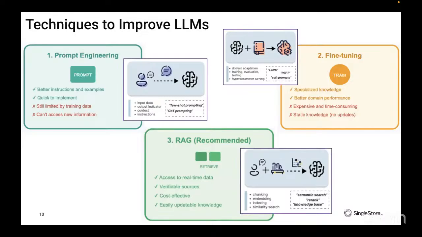That is where RAG is usually the recommended one, retrieval augmented generation, where you can easily augment your custom data to the LLM using a vector database so that the LLM doesn't hallucinate. It can easily fetch the proper data from a vector database using vector search or semantic search, right?